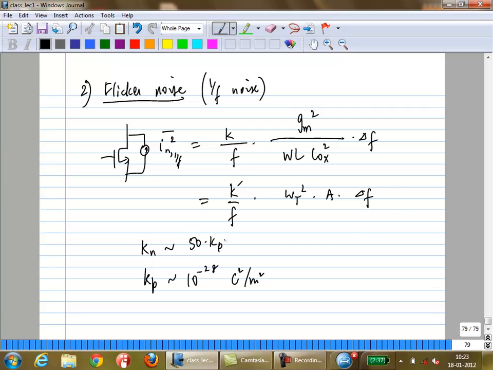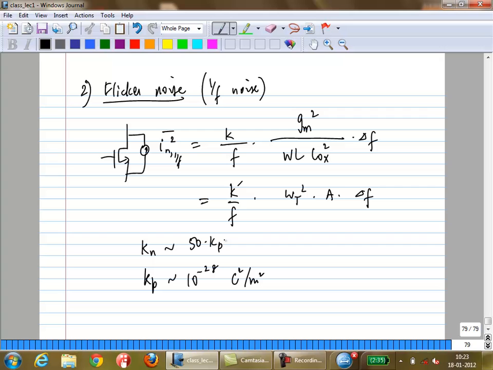I don't want to derive it in class, but the basic difference arises because of device level behavior. In PMOSs, they add an extra process step which pushes the channel below the oxide and silicon interface, whereas for NMOS that's not done.